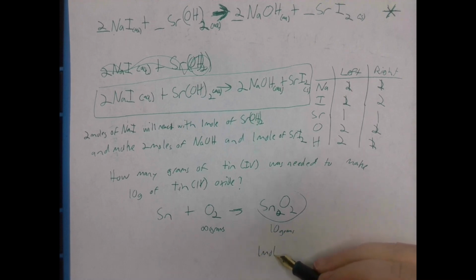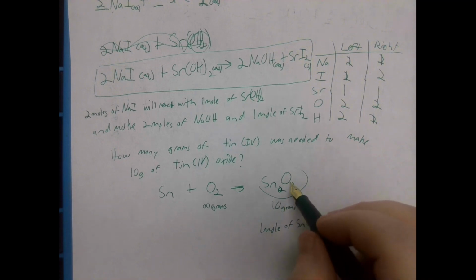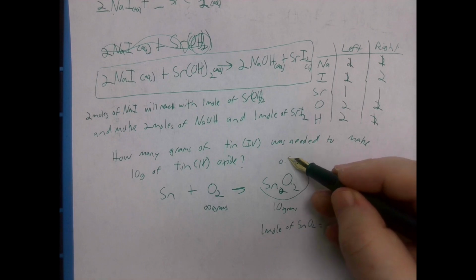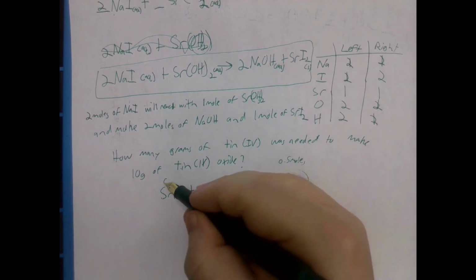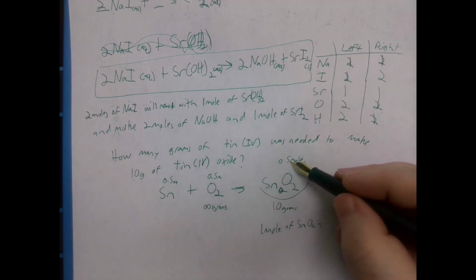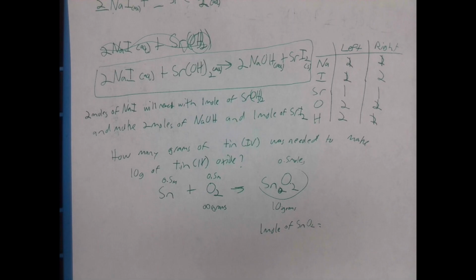So 1 mole of SnO2, and you do the molar mass and work it out, and that's basically how you do it. You convert this into moles. That's how many moles of this you need. If this was 0.5 moles, then we need 0.5 mole of this plus 0.5 mole of this gives you 0.5 mole of this. And then we can convert the moles into grams.